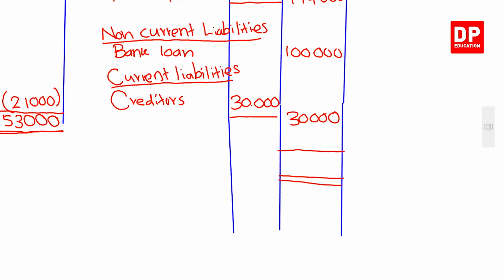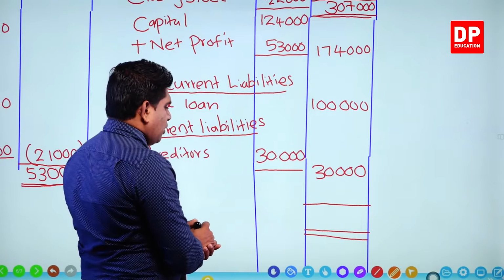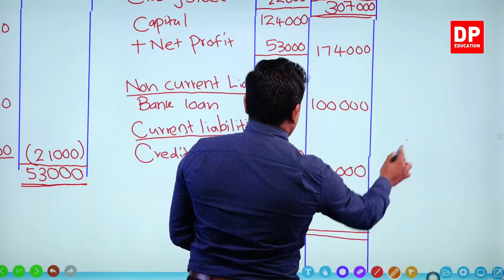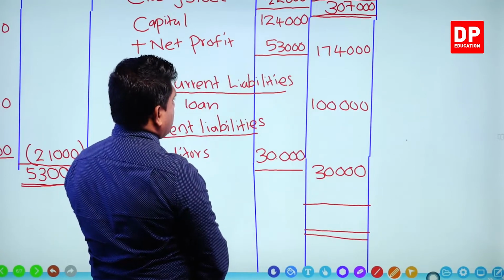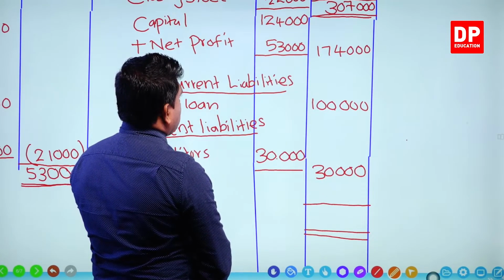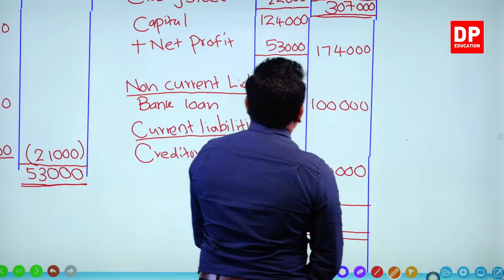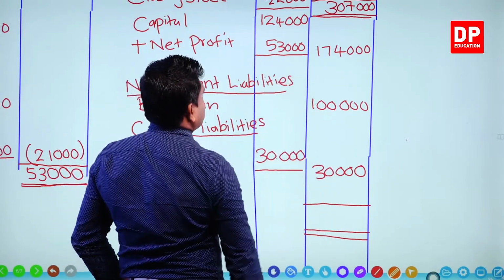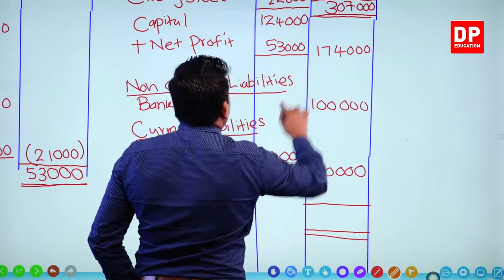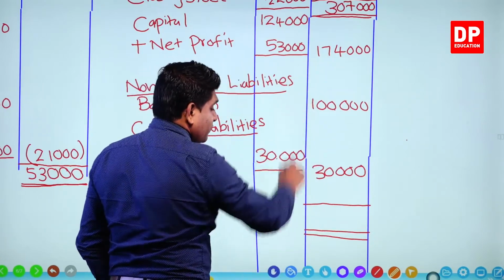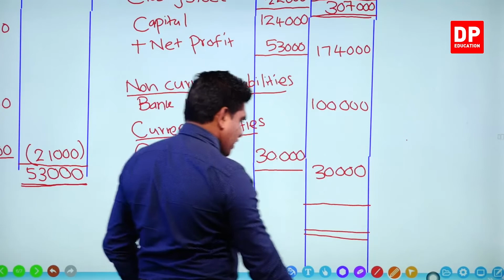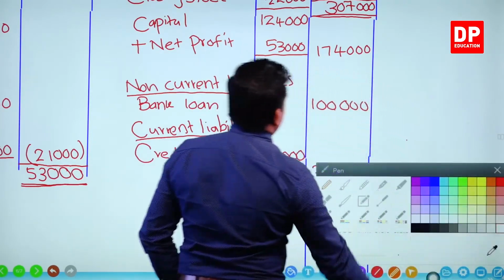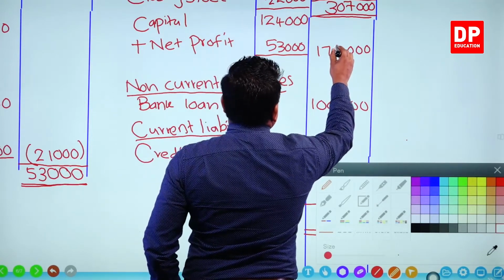How much? You can get the total of this side. How? Right? Here 124,000 and 53,000. It should be 174 or 177. It should be 177, right? It's a little mistake. So now I have to change it here. Not the 4,000.